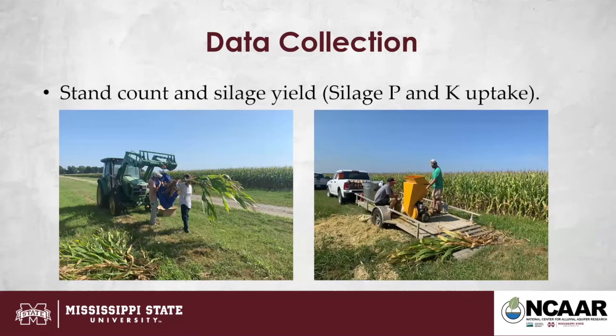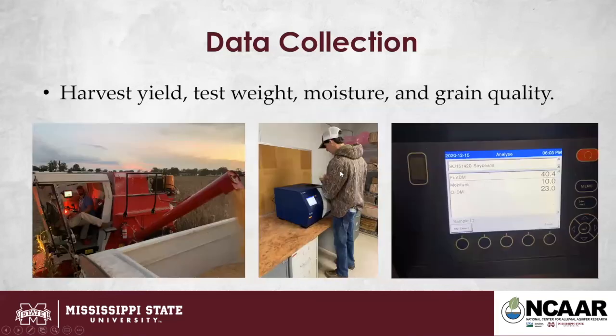At physiological maturity, we did the stand count, and we also collected silage yield, and the silage yield was used to estimate silage P and K uptake. Moving on to the harvest data.